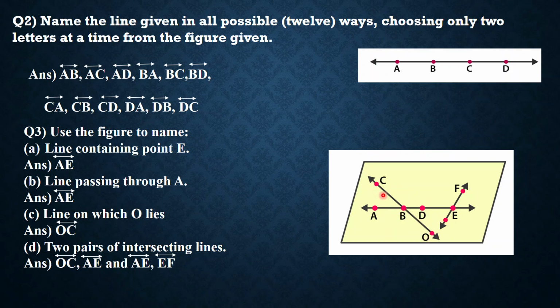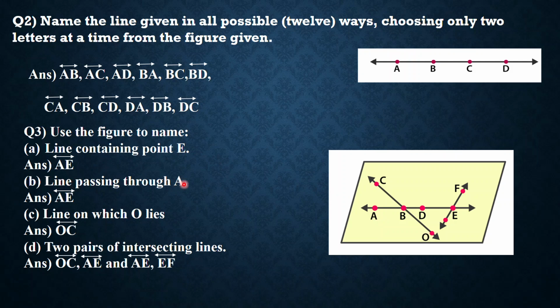So these are two intersecting lines. This line is also intersecting with this line. Now, the line containing point E. Which line is containing point E? Point E is here. So which line is containing it? Line AE. So the answer is line AE.